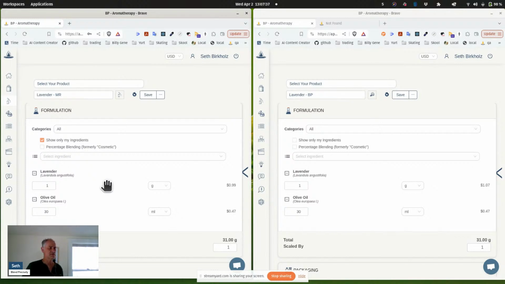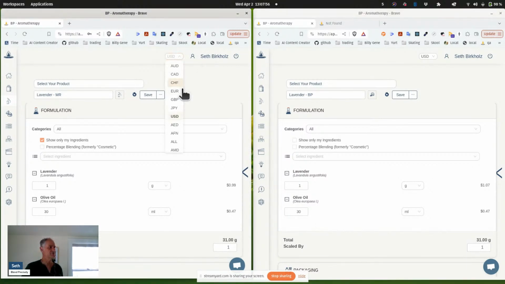The calculation is probably something you don't really care about, but essentially everything in the back end is getting converted to grams. All values, all costs, everything are based on dollars and grams.